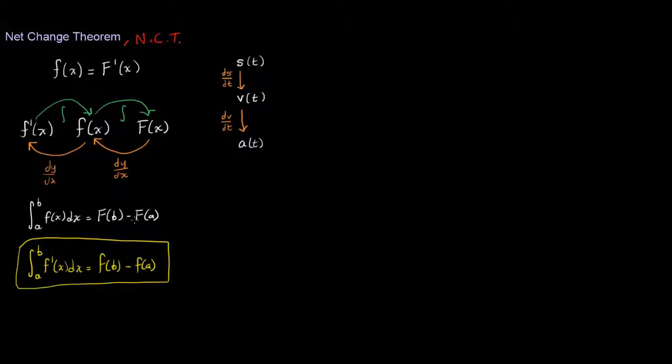Now, expanding this idea of the fundamental theorem of calculus, we can use it backwards. So we can move from acceleration to velocity by taking its antiderivative, the little snake. And we can move from velocity to position just by taking its antiderivative again.